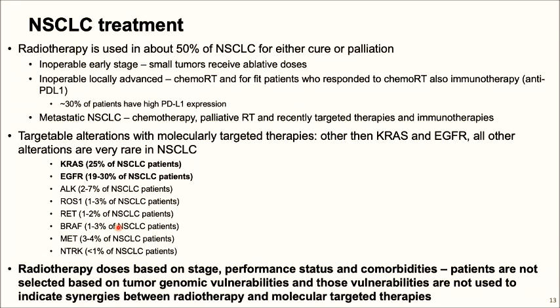So patients are not selected based on tumor genomic vulnerabilities, and these are not used to indicate synergies between radiotherapy and molecular targeted drugs. Compared to medical oncology, the radiotherapy field in terms of using biology to improve treatment is very primitive. We give the same dose to any patient independent of the type of tumor or mutations in the tumor.